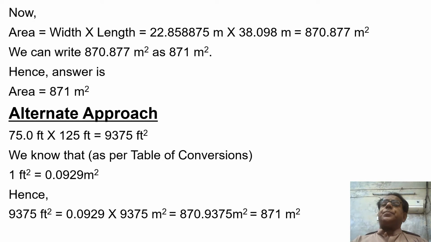We can write 870.877 as 871 meter square. I shall say nothing on this point; we have done a lot on this in our previous modules. Hence the answer is area is equal to 871 meter square.